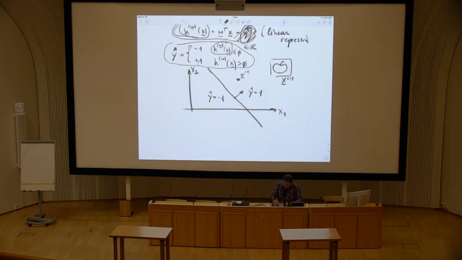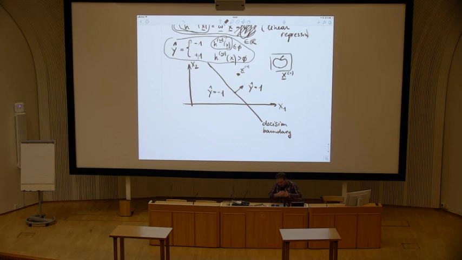And it turns out that the boundary between these two half spaces, which we also call the decision boundary, separates two parts of the feature space which correspond to different classification results. So if the feature vector is in this part, we say y hat is 1. So we would predict the label for this data point here as y hat 1 equals 1.